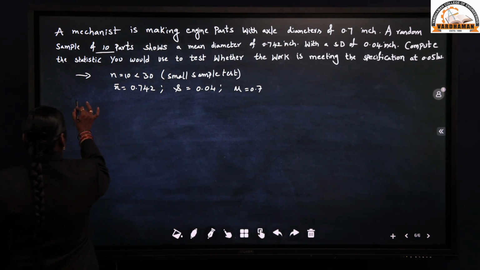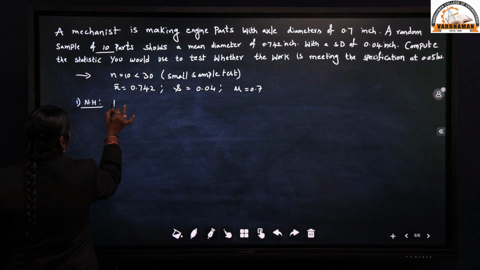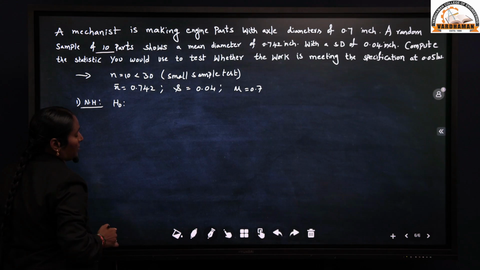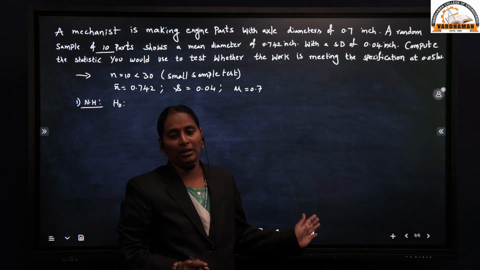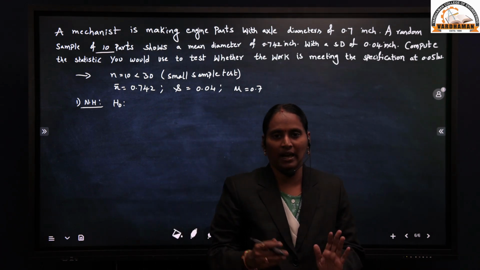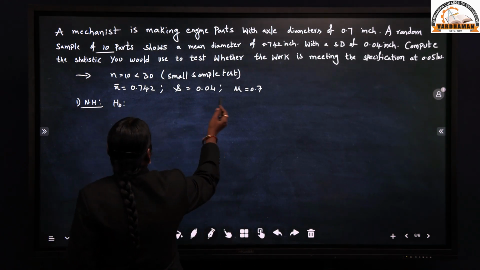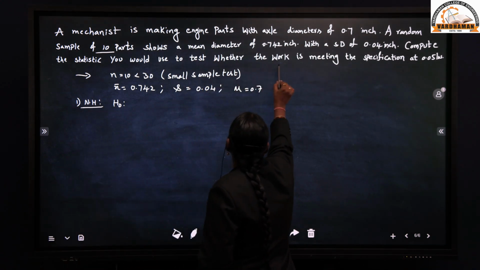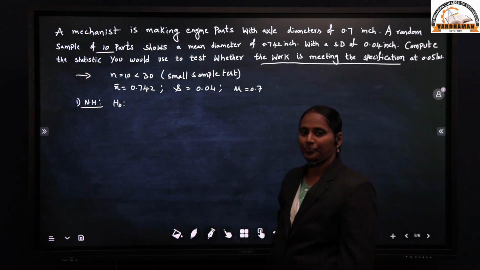Now let us go with the first step, the null hypothesis. What is the null hypothesis? It is denoted by H naught. We are going to define H naught in the t-test for single mean as mu equals mu naught. The population mean is equal to the specified mean mu naught. And our given question is whether the work is meeting the specification.